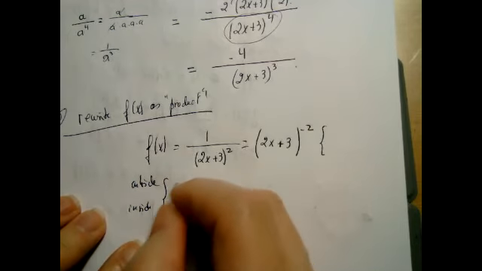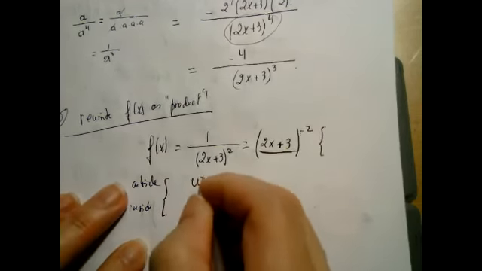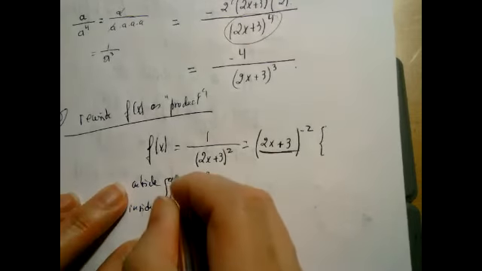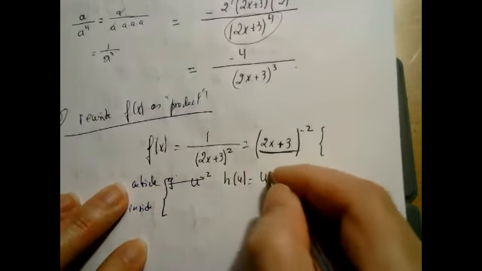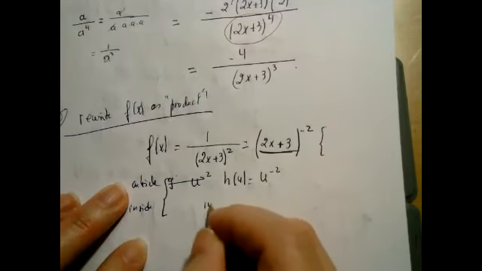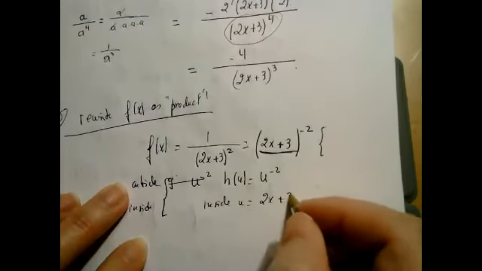The outside is u to the minus 2. I'm going to call it h of u because f is being used. And the inside is 2x plus 3.